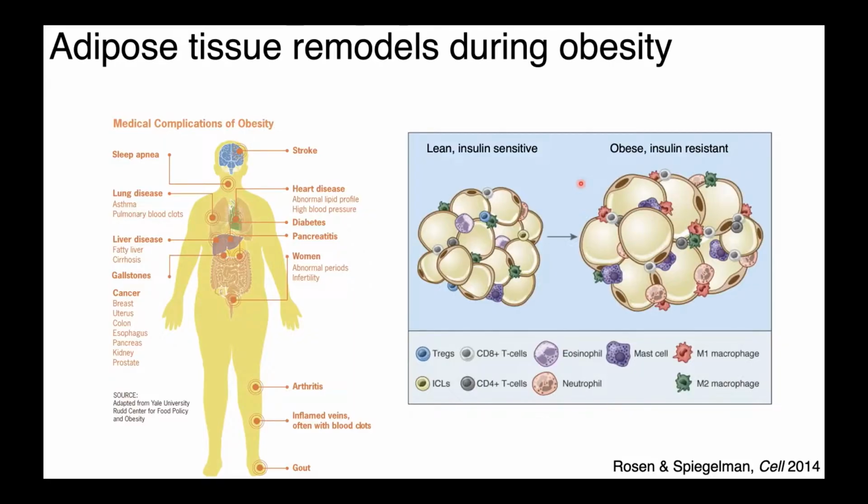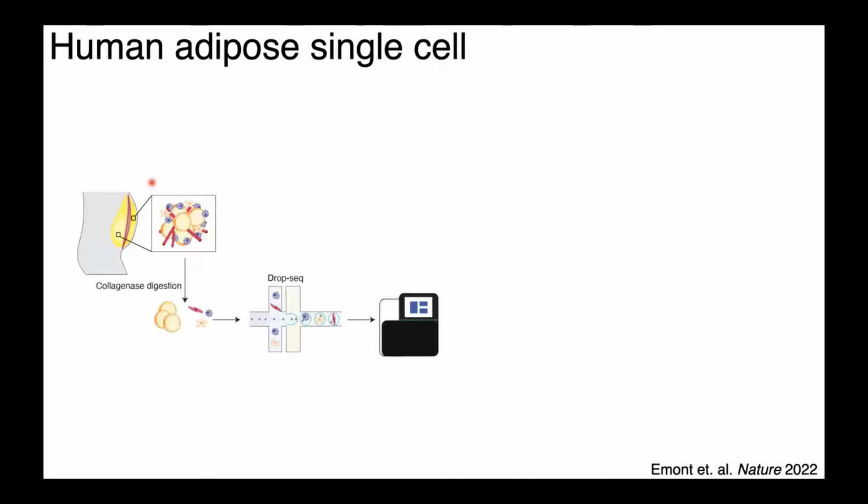We know that there's large infiltration of immune cells, including pro-inflammatory macrophages, into the obese adipose tissue, and it's still unclear how these things are related, what it is about the obese adipose tissue that leads to the correlation of obesity with so many different diseases.